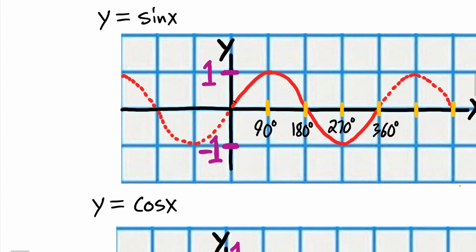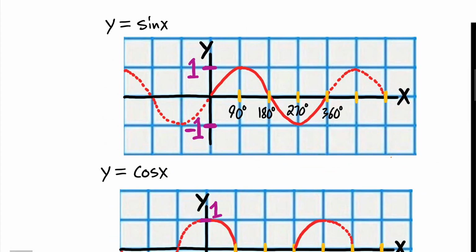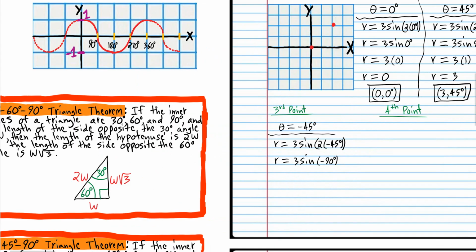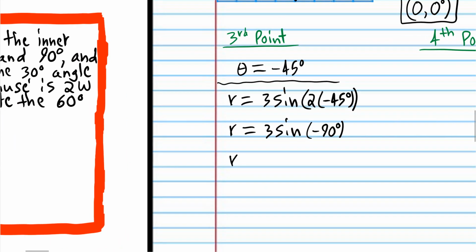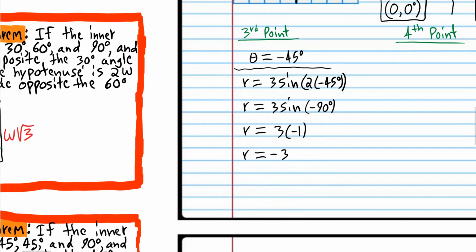So we have to go up here and go to the left negative 90 degrees, and we see the value of sine negative 90 is negative 1. So r is equal to 3 times negative 1. So r is negative 3, and the point is negative 3, comma, negative 45 degrees.